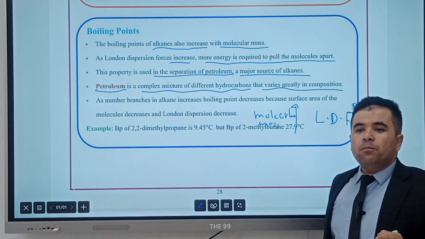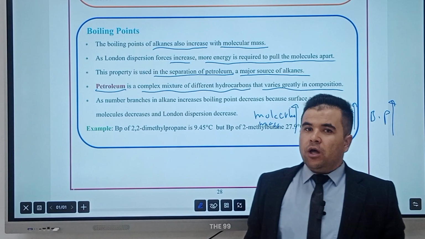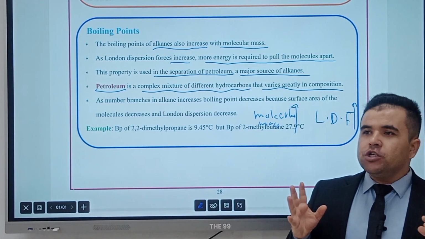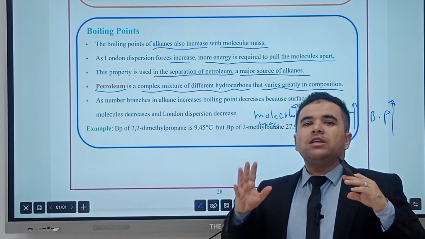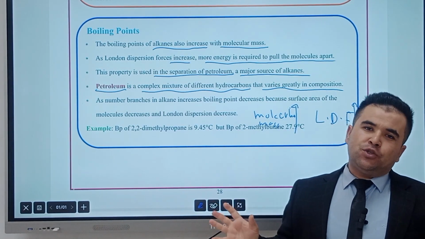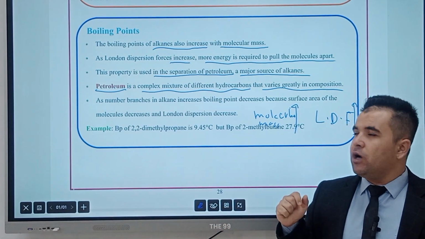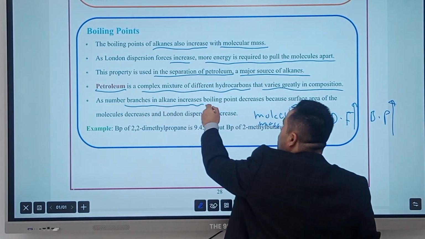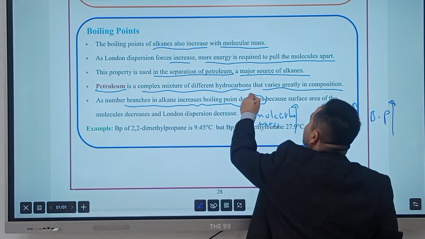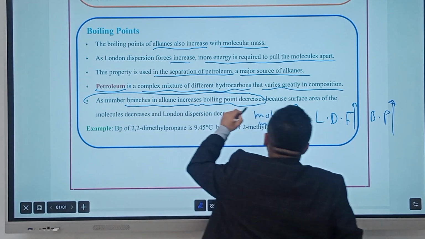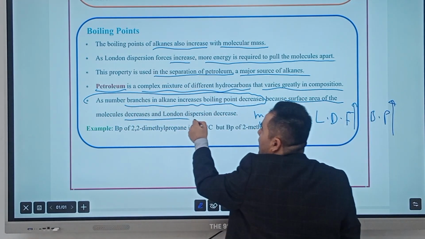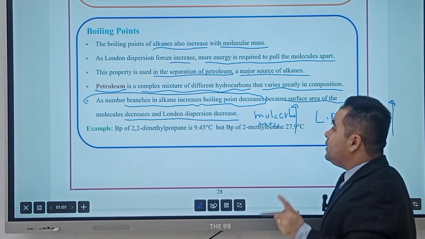But if we have more branches or straight chains? Guys, a branched alkane has a lower boiling point than the straight alkane with the same hydrocarbon. So as the number of the branches increases, boiling point decreases. Why? Because surface area of the molecule decreases and London dispersion force decreases.